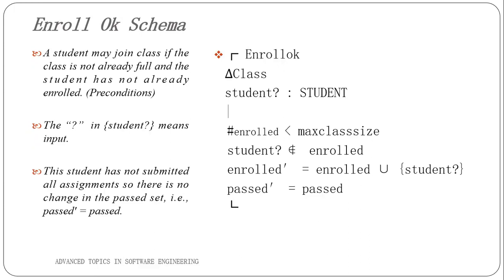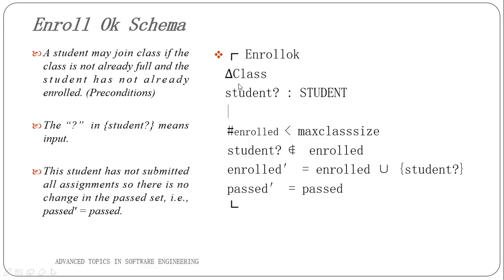Now a student may join a class if the class is not already full and the student has not already enrolled. These are basically the preconditions of this particular schema, the EnrollOK schema. I have created a schema here on the right hand side of the screen, that is EnrollOK.